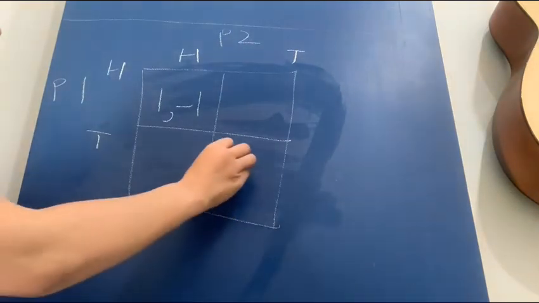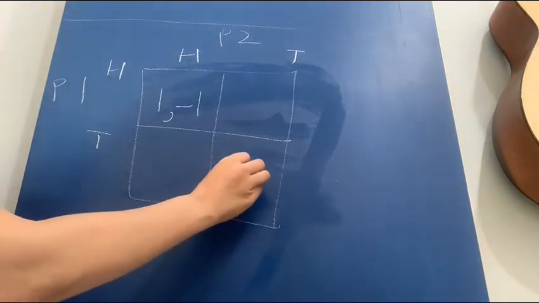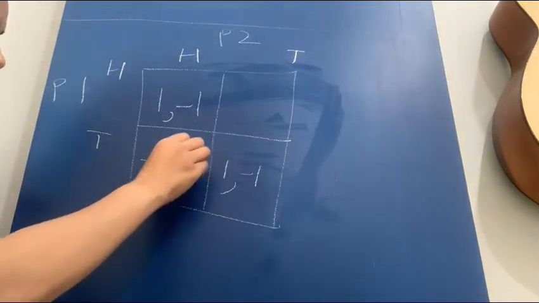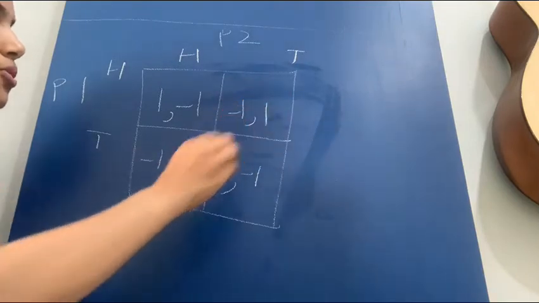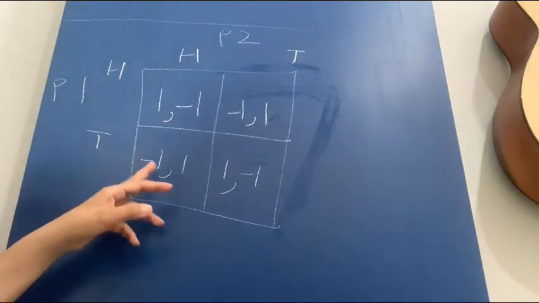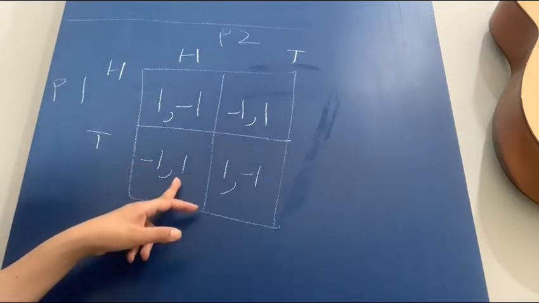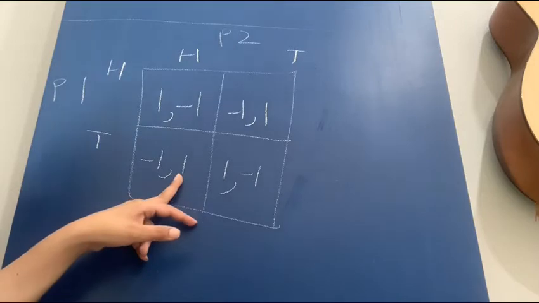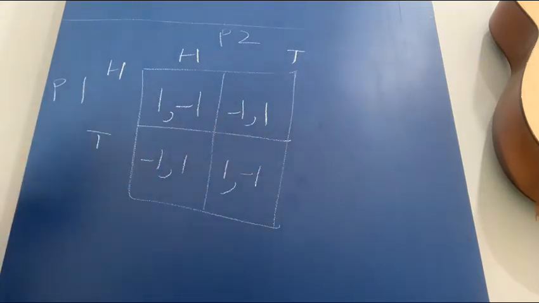And likewise, if tails is showing, player 1 receives ₹1, player 2 pays ₹1. And likewise for player 2, if opposite sides are showing, that means heads for player 2, tails for player 1, then player 2 is winning. He is getting ₹1 from player 1, so -1 for player 1, +1 for player 2. Likewise here also.